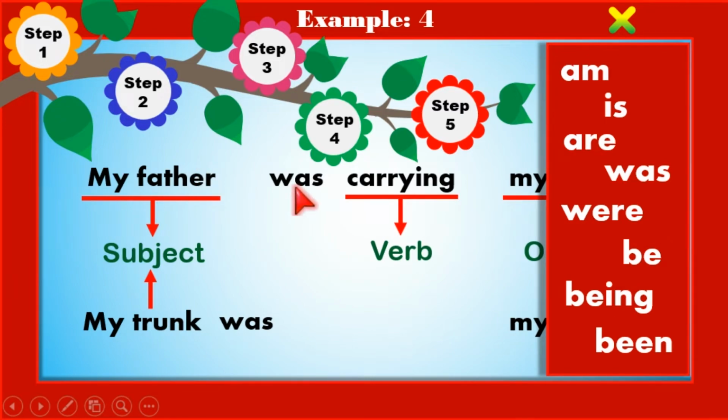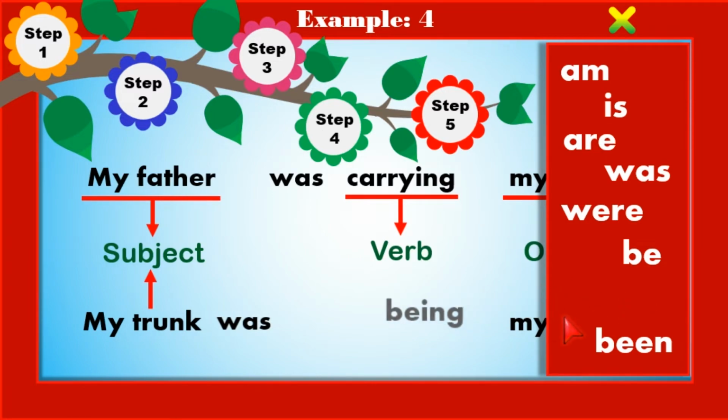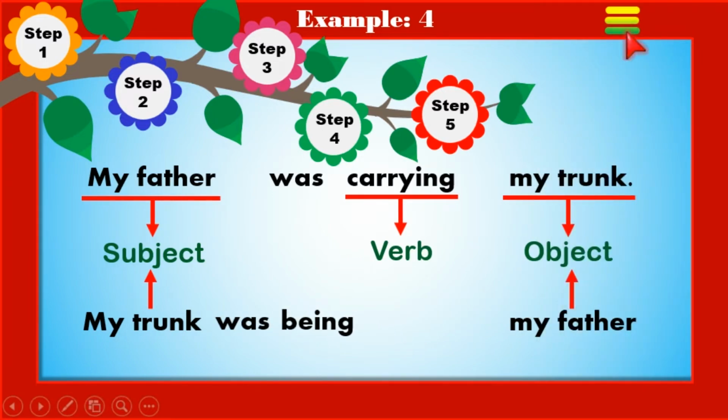If the sentence is continuous tense, you should use being. Then the past participle form of the main verb, that is carried. Then the 5th step, by. Now you got the answer. My trunk was being carried by my father.